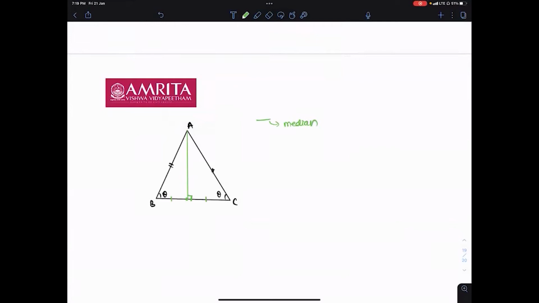But actually later on you will see that if this is theta, this is 90, this angle will be 90 minus theta. And if this is theta, this is 90, this angle will also be 90 minus theta. So these two angles are also equal, that is A by 2, A by 2. Now this green line looks like an angular bisector.